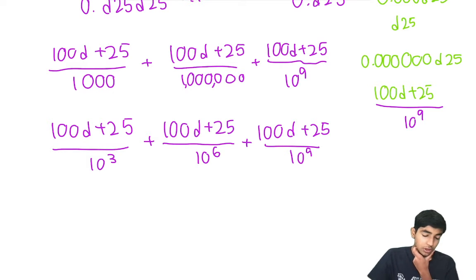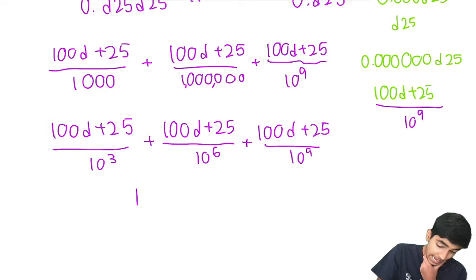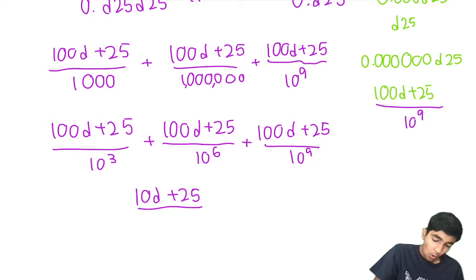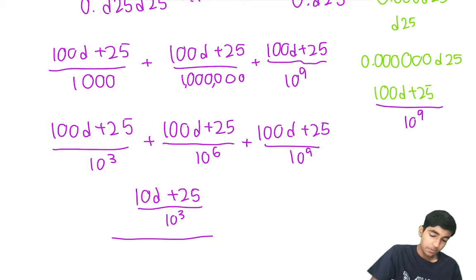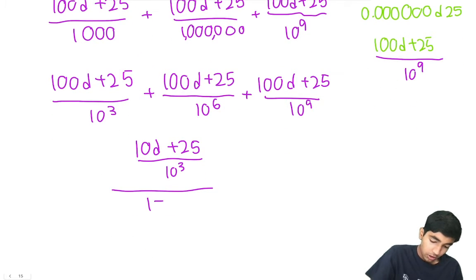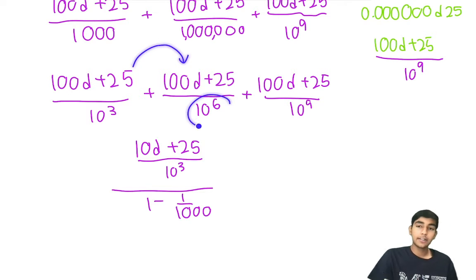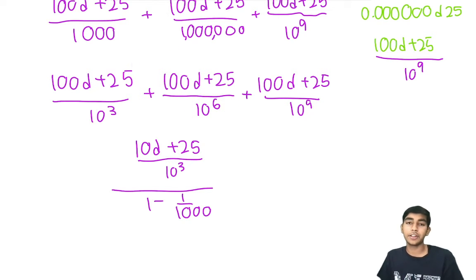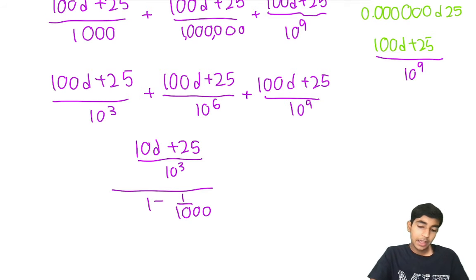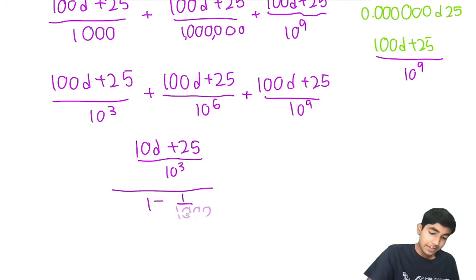So this expression would then be nothing but a, the first term, over 1 minus the ratio. And the ratio is just 1 over 1,000, right? Because the denominator is getting 10 to the 3 times bigger every single time. So it's the same thing as having a common ratio, 1 over 10 to the 3, or 1 over 1,000.